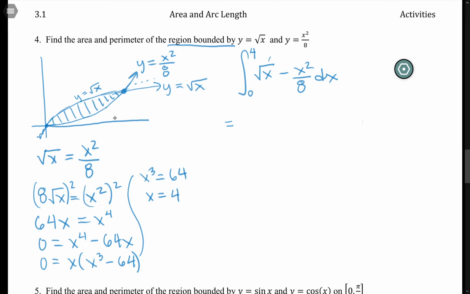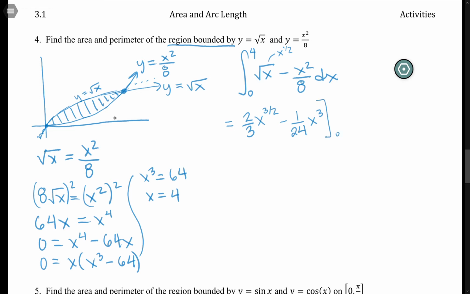This is an x to the 1/2. So the antiderivative is going to be an x to the 3/2 multiplied by 2/3. And then this guy, the 1/8, is just going to carry through. It's going to become an x cubed, and then we're going to divide by 3. So this is actually 24.